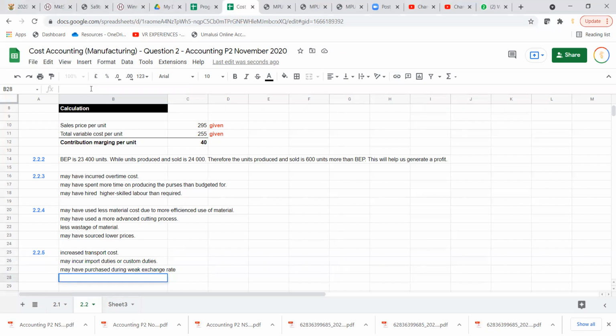And a typical thing from overseas, depending on where from, may be higher quality. So any of these reasons may be applicable.